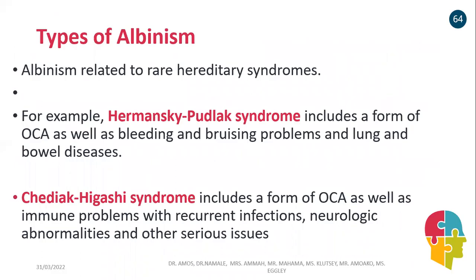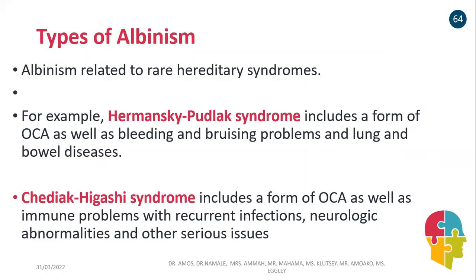Then we have other albinisms that are related to syndromes. A syndrome is a collection of symptoms or conditions. For example, the Hermansky-Pudlak syndrome is a form of OCA, oculocutaneous albinism.